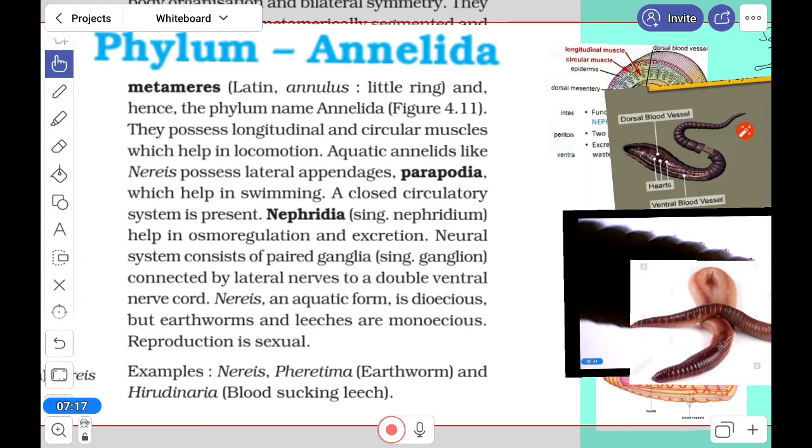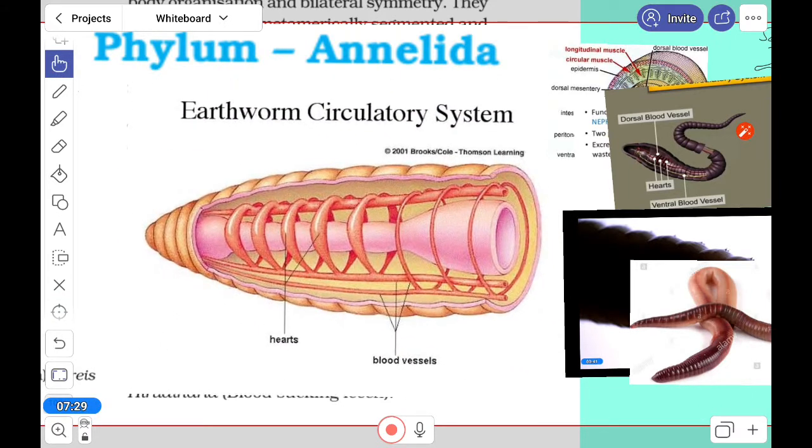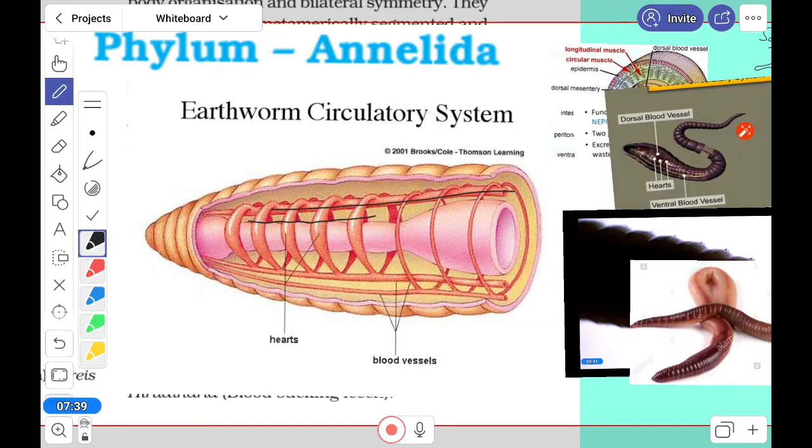A closed circulatory system is present. Here is the earthworm circulatory system, which is highly advanced. You can see this is the dorsal blood vessel, this is the ventral blood vessel, and these are the hearts. So for the first time heart is also available.